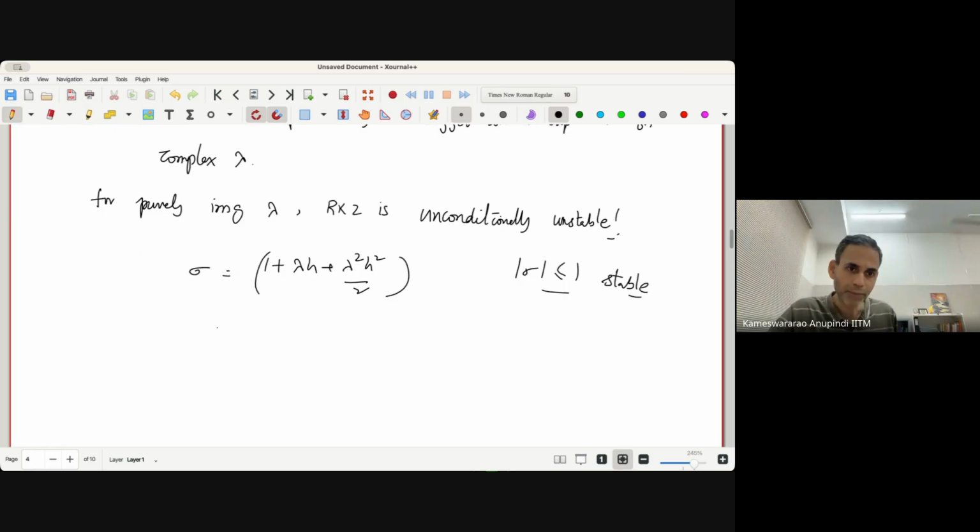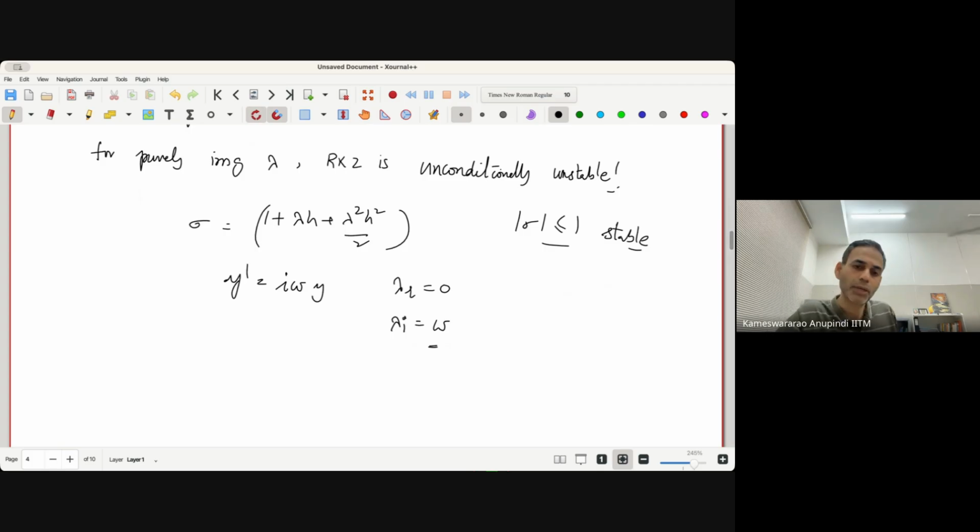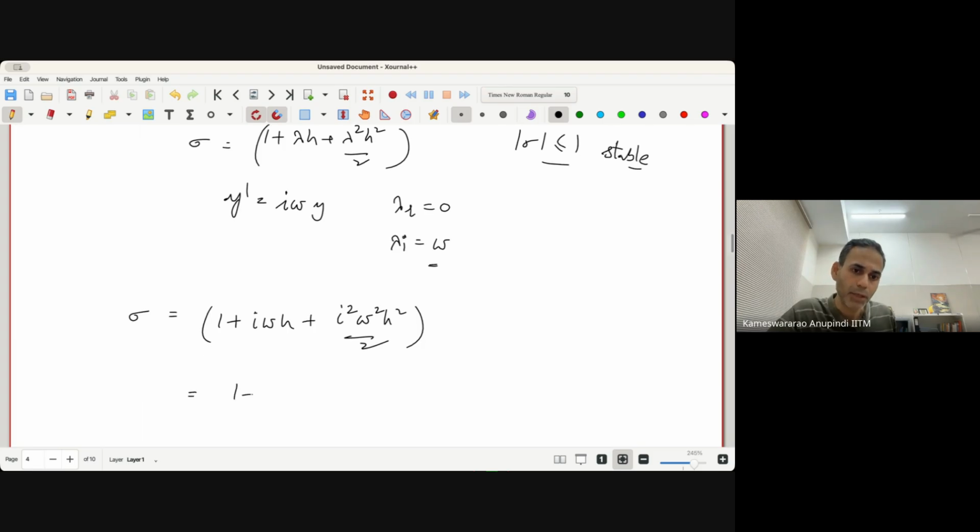But if I have purely imaginary lambda, then my y prime equals I omega y, in which case lambda r is equal to 0 and lambda I equals omega, right? In which case I substitute here, which is going to be 1 plus I omega h plus I square omega square h square by 2. That is going to be my sigma, which is 1 plus I omega h minus omega square h square by 2. Okay, so that is my sigma.